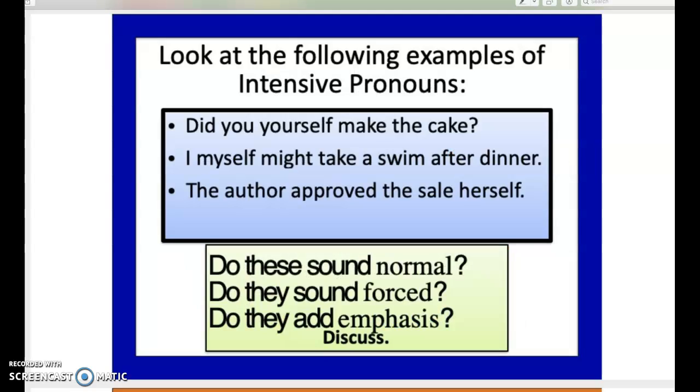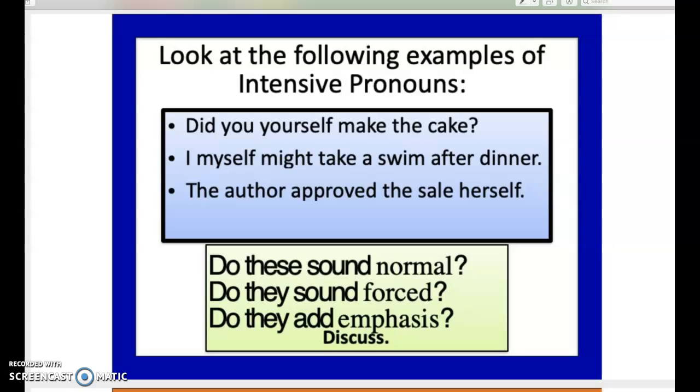Look at the following examples of intensive pronouns. So on your paper, you have 3 sentences. They are slightly different than what you're seeing on the screen, but you should be able to figure out what goes there. The first example says, did you blank make the cake? We want to emphasize the pronoun you.